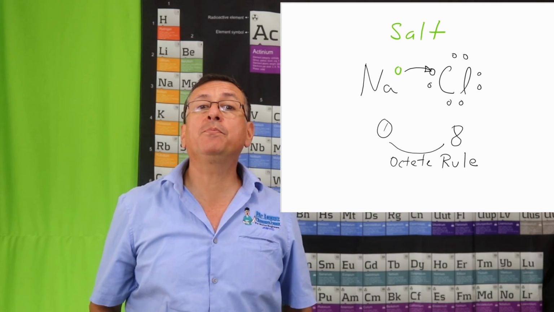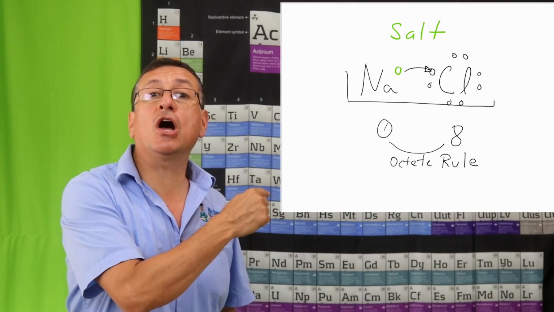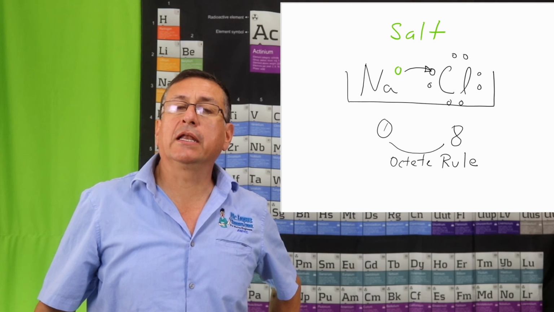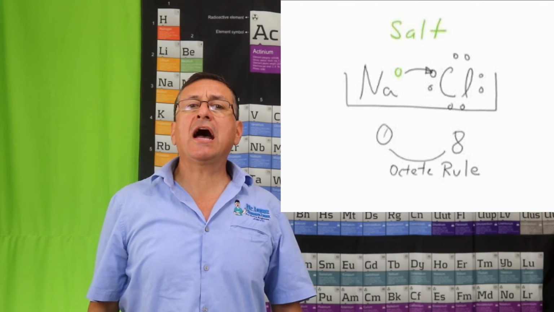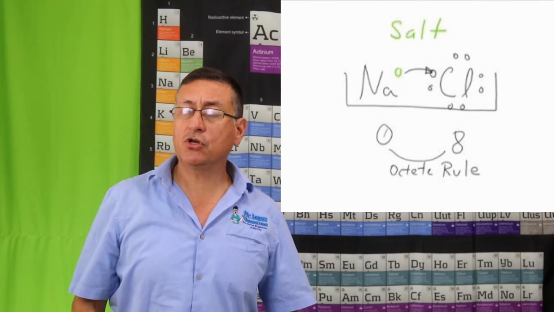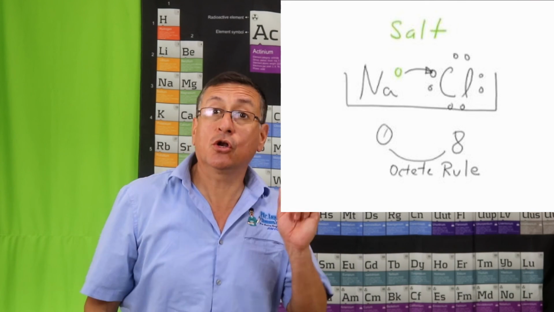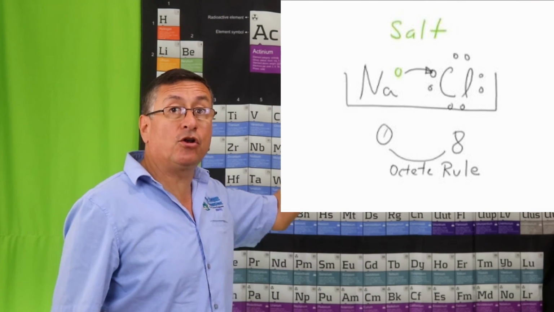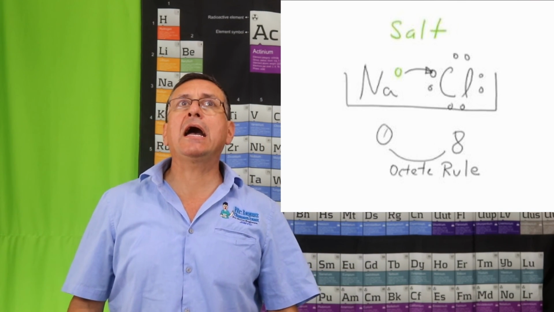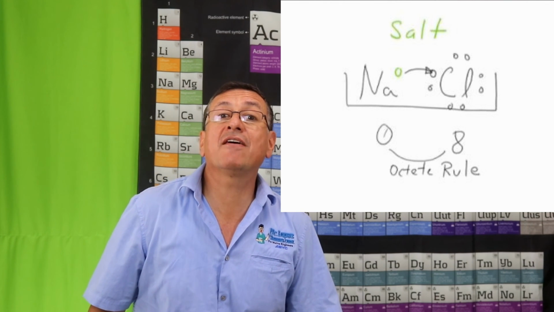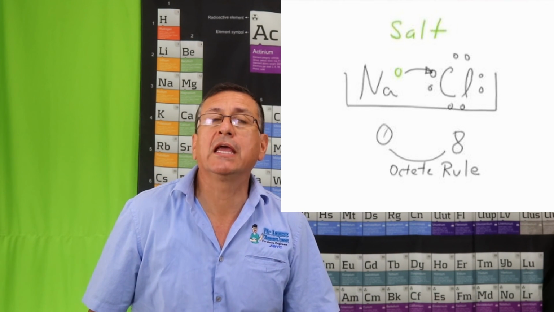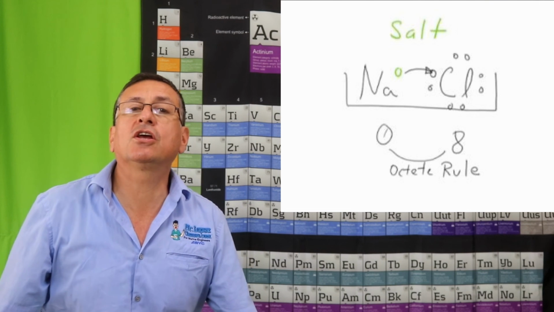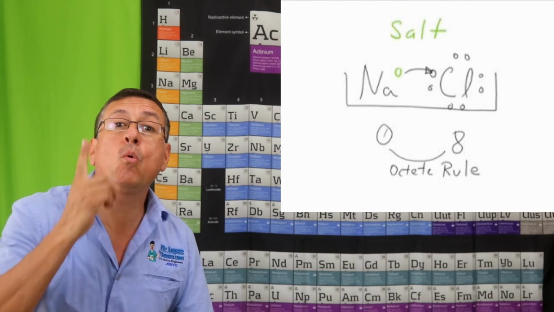Yes, and they produce the molecule of salt, sodium and chlorine. Which element has more energy, sodium or chlorine? Chlorine, because chlorine is located in group number 7. Chlorine has 7 electrons in the last orbit. How many electrons does chlorine need to be stable? 1 more.